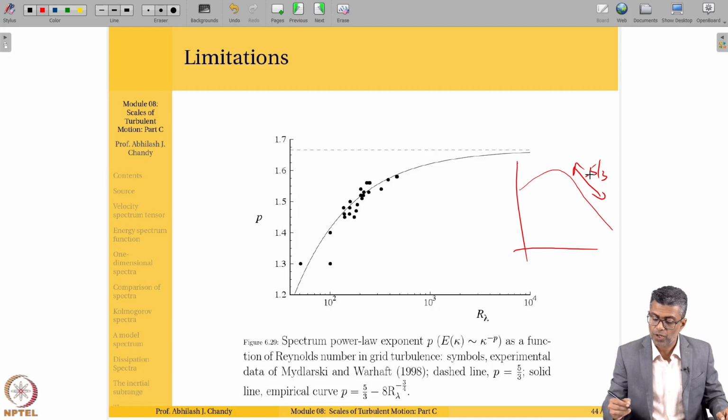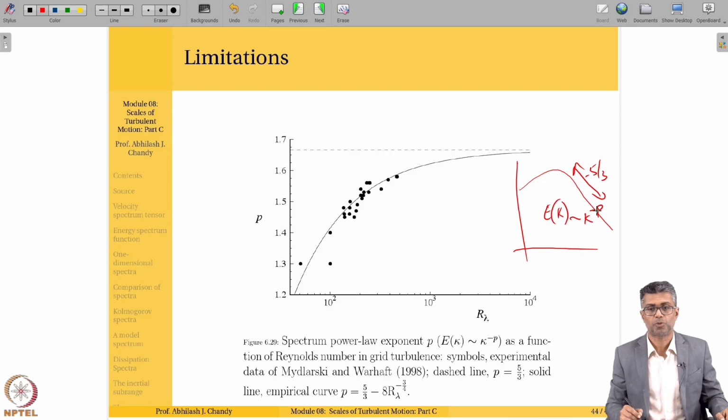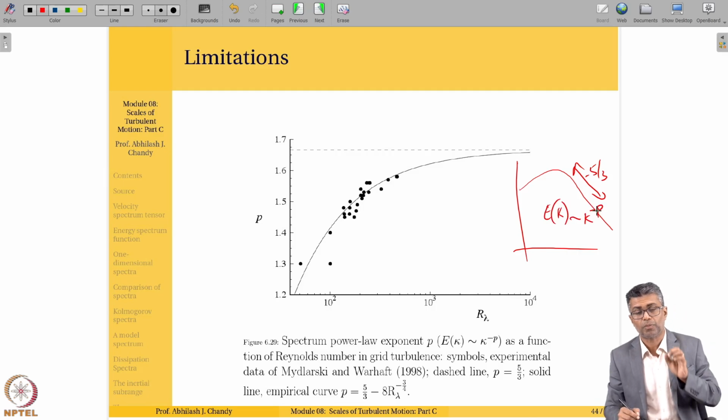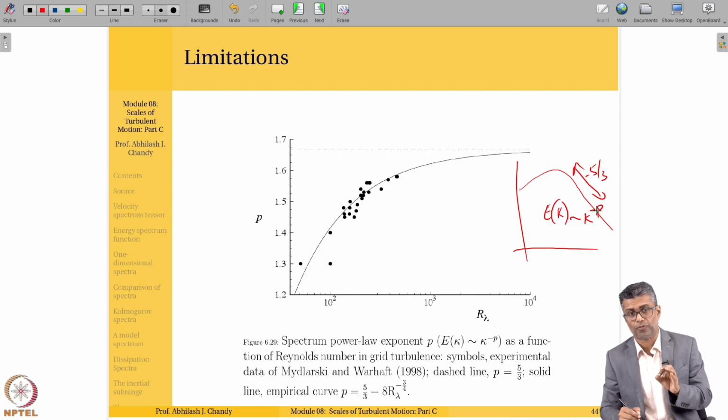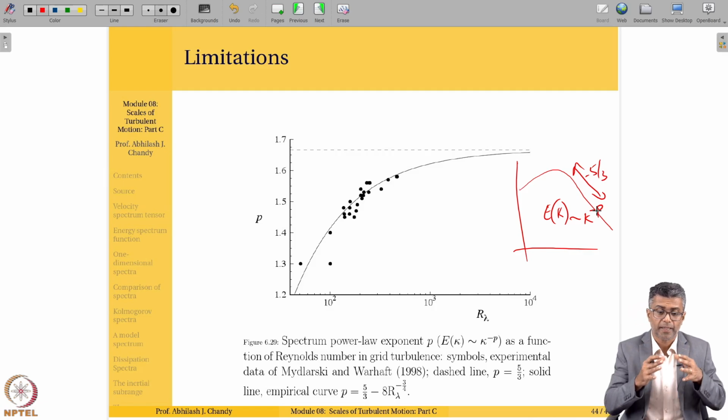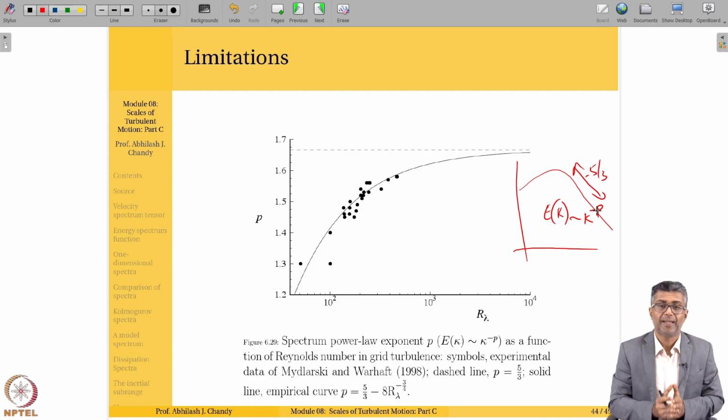So we know that E of kappa scales with kappa to the minus P. That P is 5/3, but that is according to the Kolmogorov hypothesis. Now, the fact that it varies according to minus 5/3 is determined by the condition that it is at high Reynolds number.